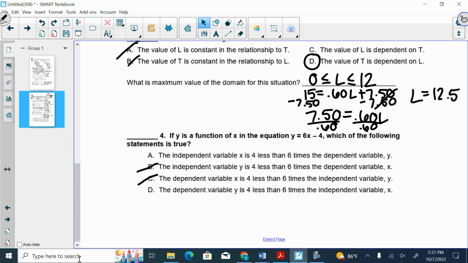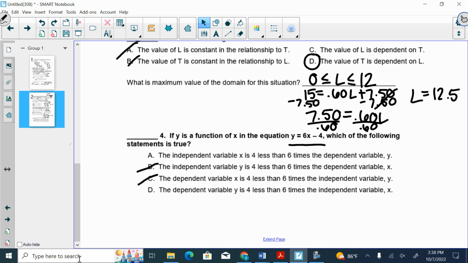Okay, they both say that x is the independent, either at the beginning or the end of their sentence. Says that the independent variable x is 4 less than 6 times the dependent variable y, or the dependent variable y is 4 less than 6 times the independent variable x. Okay, so here's the equation, right?